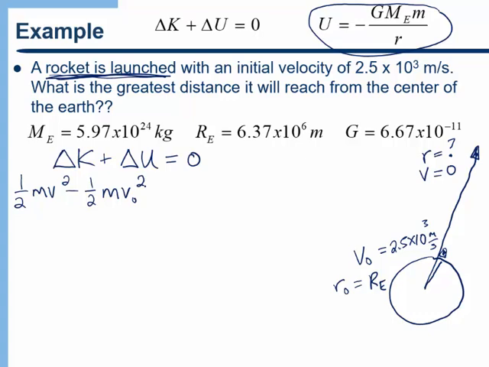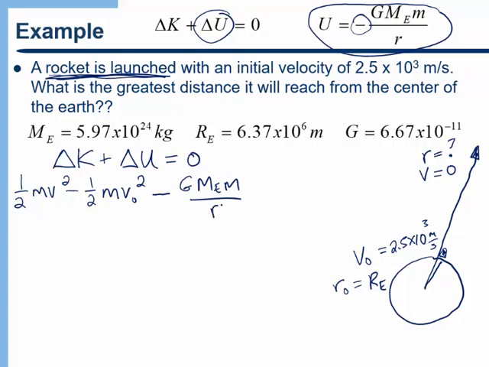And then I also have the change in gravitational potential energy. Now here I've got to just be careful because there's a minus sign in the formula. So normally it would be plus final minus initial, right? That's what delta U would mean. But here it's going to be minus final plus initial.